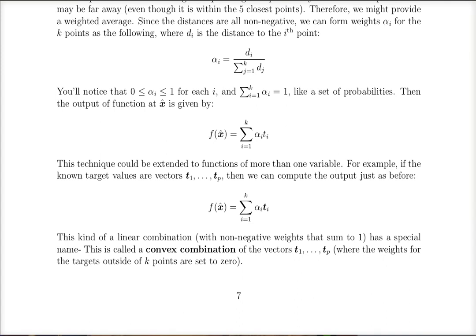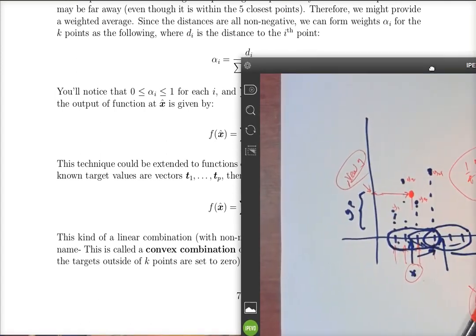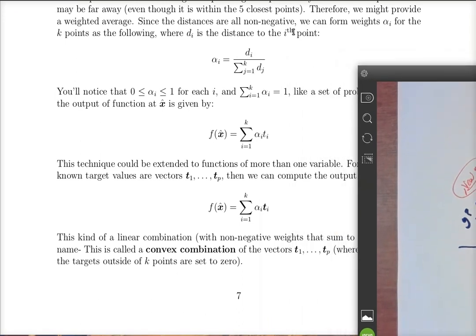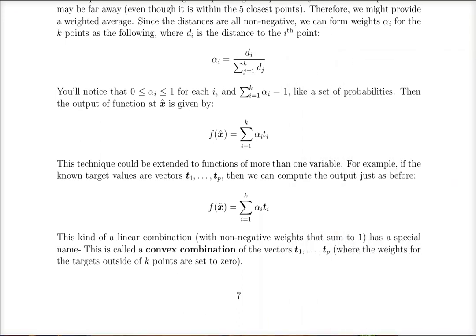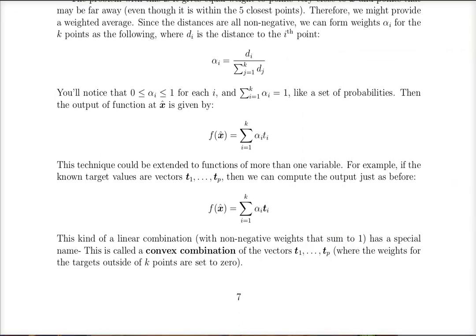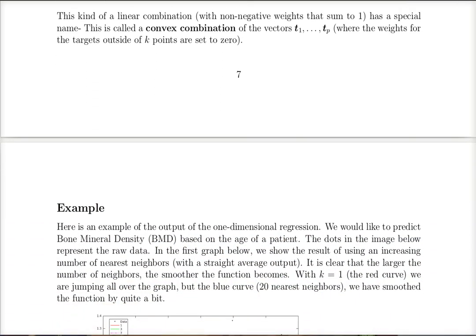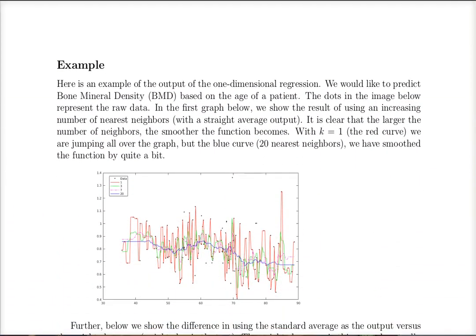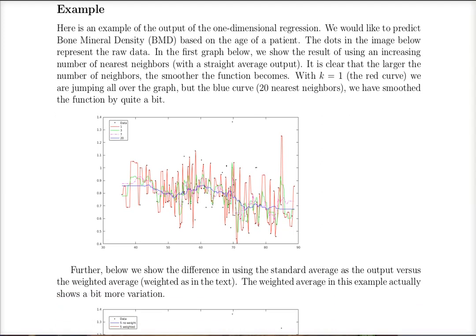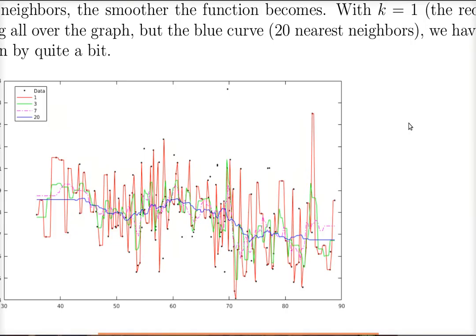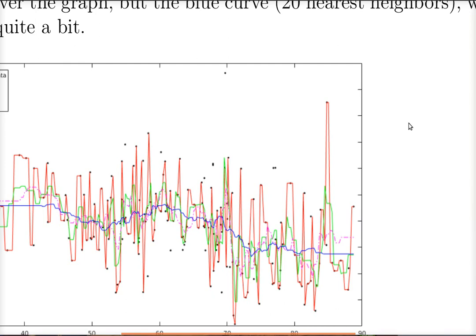And so, we can take a look at the code here, or at least some examples. I think my examples may be wrong, but I'm going to have you work through them too. So here's some examples of some data. This is the output of a one-dimensional regression, and we're going to predict bone marrow density given age.